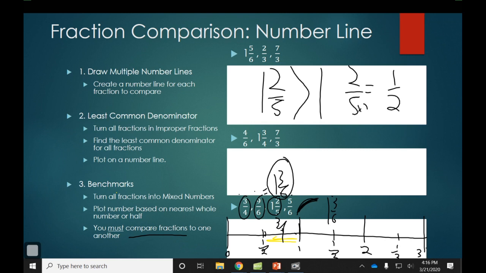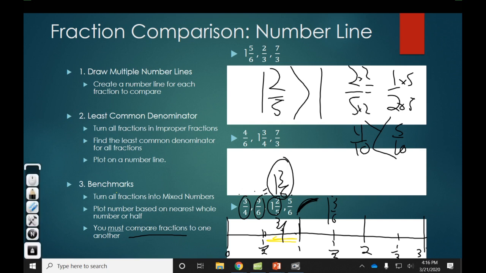Well, let's multiply, we have to find a common denominator. That's going to equal 4 over 10 and 5 over 10. So 4 over 10 is less than. So 1 and 2/5 should fall right here, right?